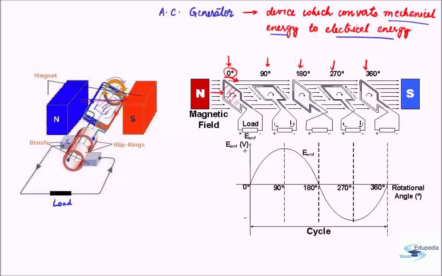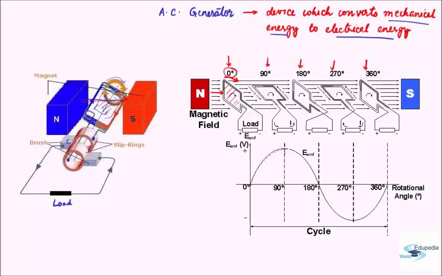And as we know from electromagnetic induction theory, any change in magnetic flux leads to an EMF being induced, right? So as soon as the coil starts to rotate, the EMF starts to increase. Initially it was 0. As the coil starts rotating, the EMF starts to increase.